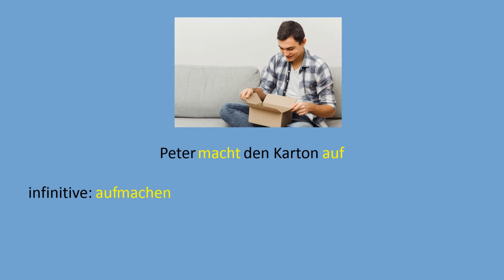When you find your verb, you will see that the meaning is absolutely different. Now we understand that what Peter is doing is opening the box, because the verb we found in the dictionary is aufmachen, which means to open. Look, we do not talk about making boxes anymore. We changed the process absolutely. Now Peter is opening the box.